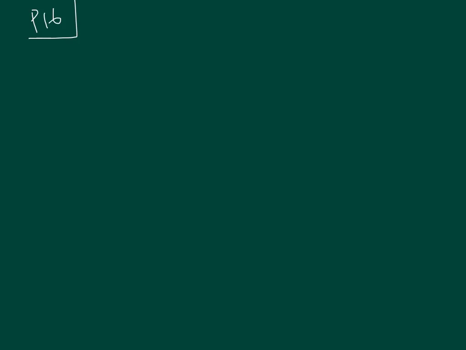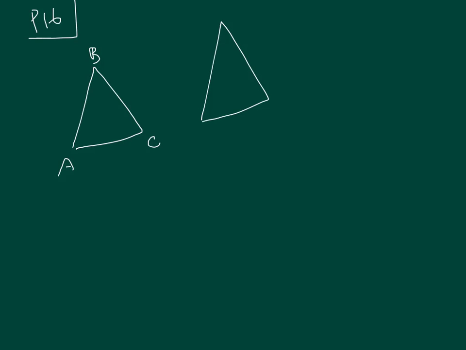Problem 16 says, assume you know that the sum of the measures of the angles in a triangle is 180 degrees. In triangle ABC, which is congruent to DEF, the measure of angle A and the measure of angle D is 72 degrees.